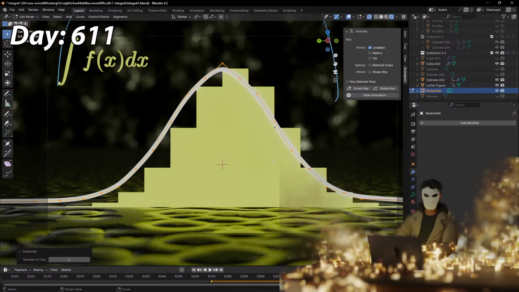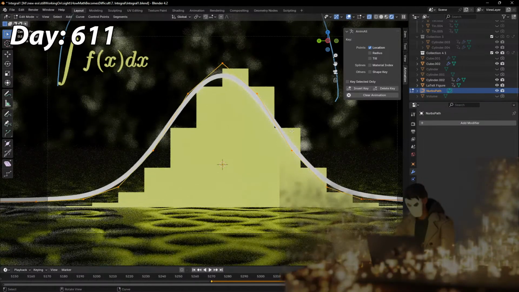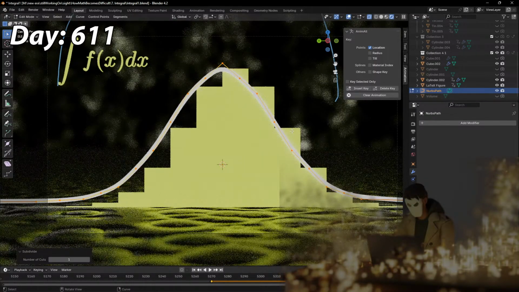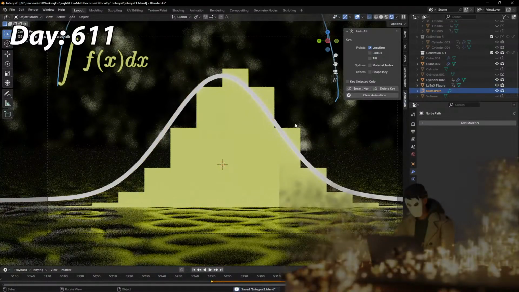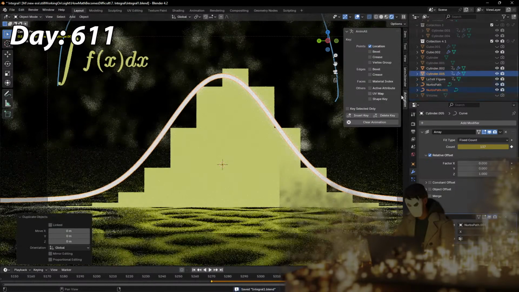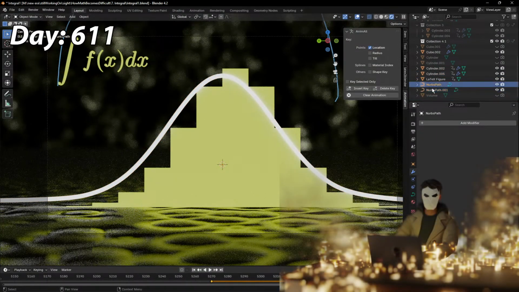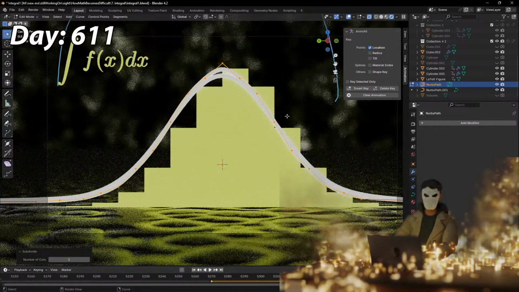This really looks a bit better. Okay, let's copy it. We'll use that as a reference.